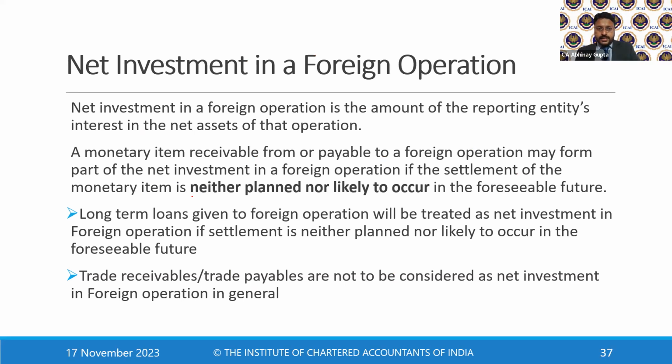If you remember, we had discussed these two keywords earlier, right? If something is neither planned nor likely to occur or repaid in the foreseeable future, then only it will be called as net investment in the foreign operation. But if a plan is there to be received, but actually it is not getting received or settled, then it does not fulfill this condition.